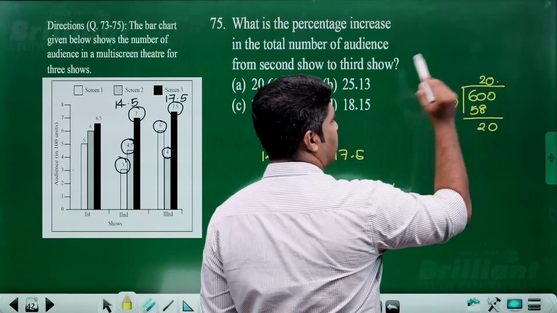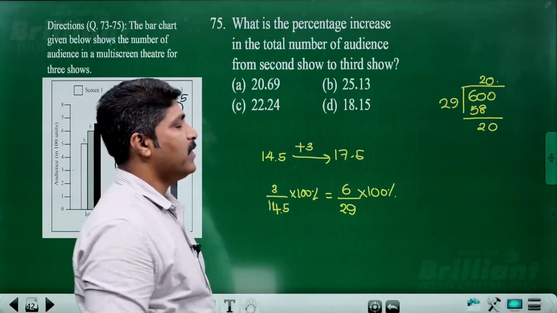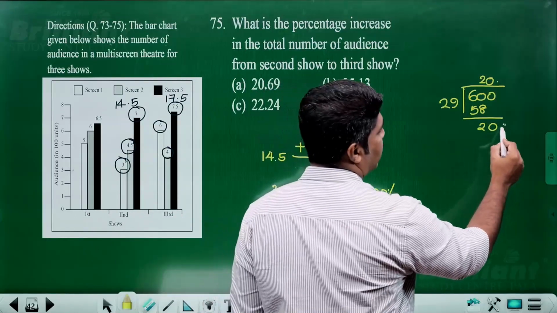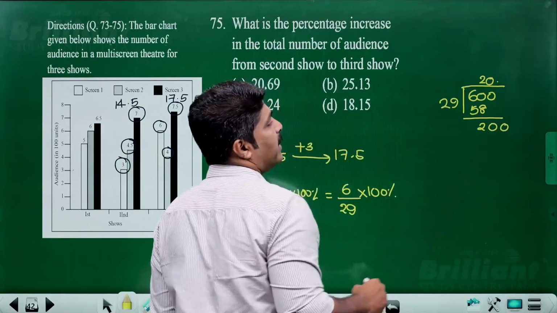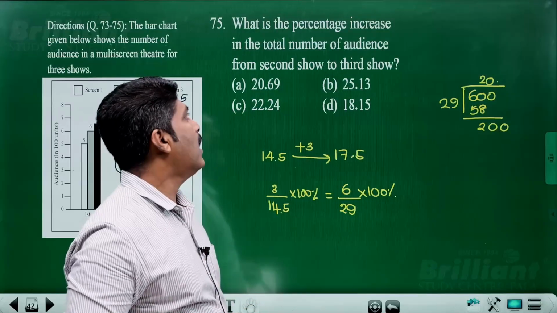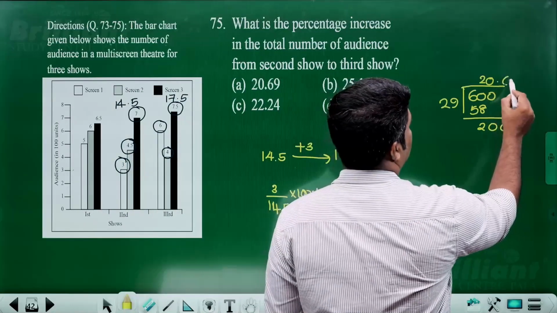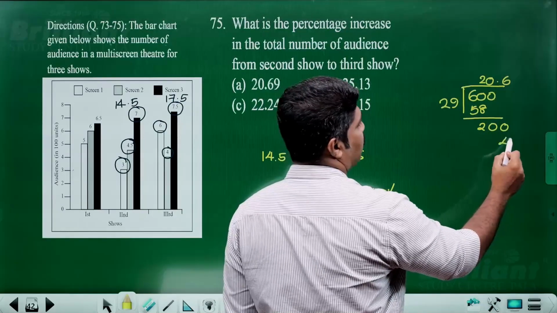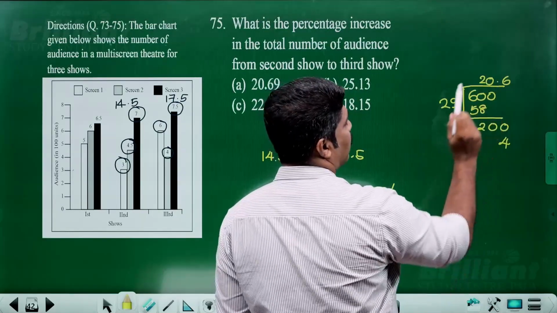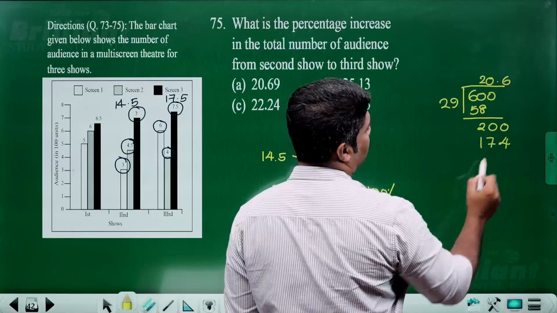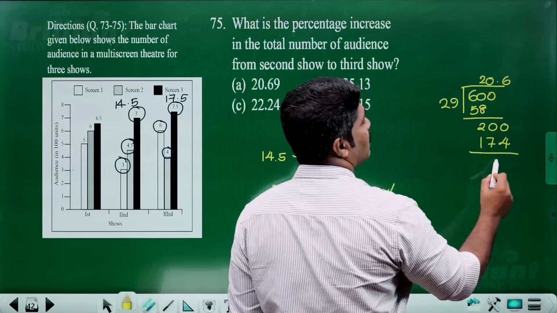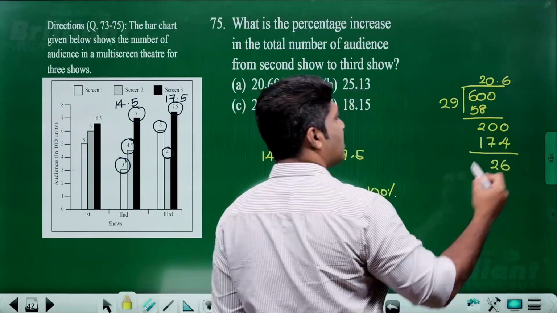That means 0 remains. So this is 20 point something. Further, if you need to take one more step, how many times does 29 lie here? This is 6 times, right? This is 54. 5 is there. 12 plus 5, that's equal to 174. So the remainder will become 26 and so on.